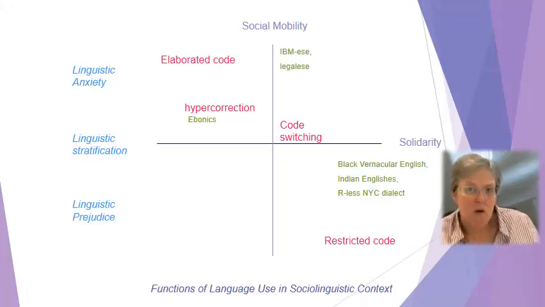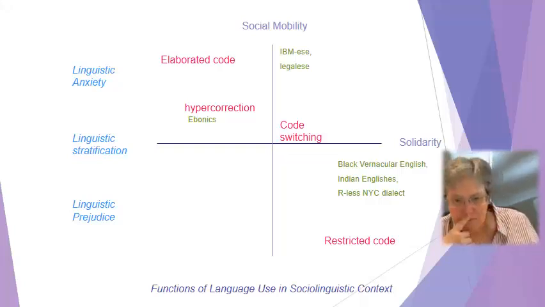On one level, we might use language to raise our social mobility, to get that job, for instance. On another level, in another dimension altogether, we use language to proclaim our identity, especially within the in-group. And these can be quite at odds with each other. So I haven't talked about all these different varieties here, but I've talked about a few of them, so let me show you what I mean.